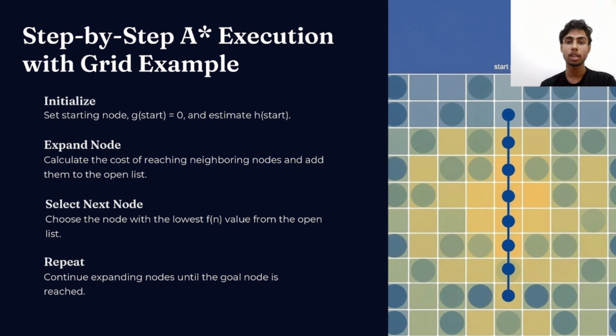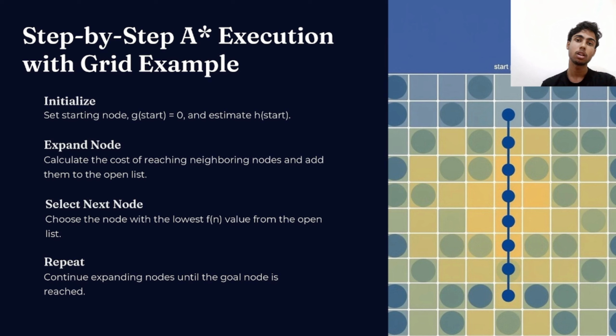Then we expand the neighboring nodes, checking all the nearby nodes directly connected to the current node, calculate the cost to reach each neighboring node, and add them to the open list, which is a list of nodes to explore next. For example, if you are traveling from a source to a destination, there is a midway point in between. You might estimate the cost from the source to the midway point as 10 rupees, but after calculation the actual cost turns out to be 5 rupees. This shows the estimated cost H of n can be different from the actual cost G of n.